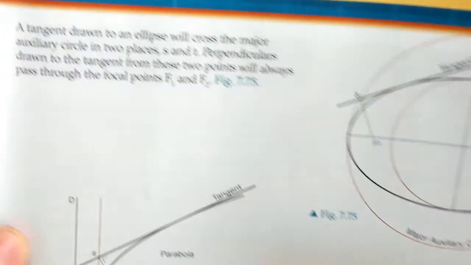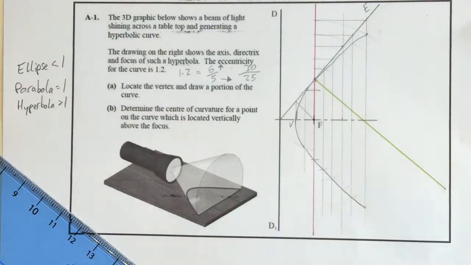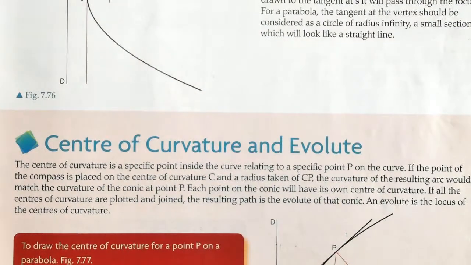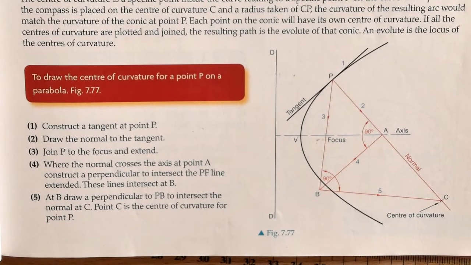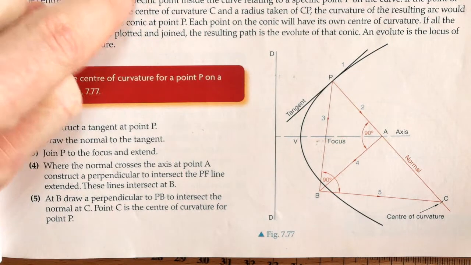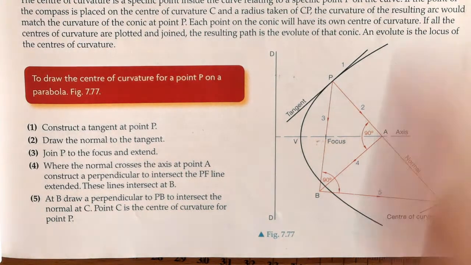Now, I'm just going to show you, if you go to your textbook, your graphics in design and communication, and if we jump to page 137, and we go down here to the very bottom, the centre of curvature and evolute. And we're not going to worry about evolute, we're just going to worry about the centre of curvature.